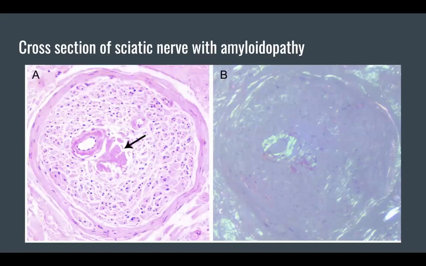Okay, so this is a cross section of the sciatic nerve with the amyloid. So we can see the apple green birefringence in B.